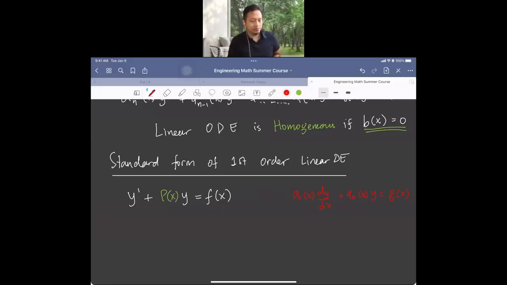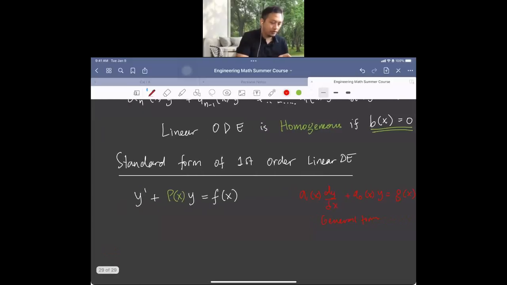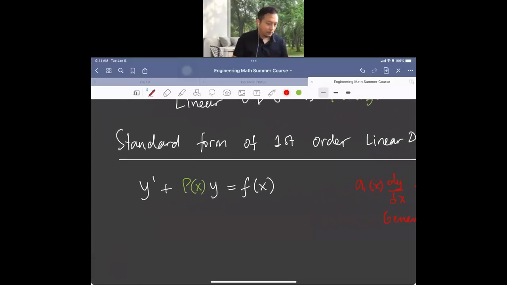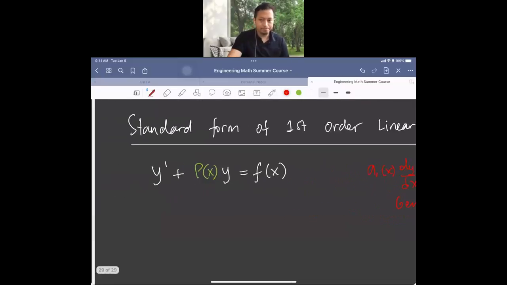Okay, it is the same. This is the general form. This is the standard form. But let me focus on the standard form. And the textbook I think is the same as the standard form.